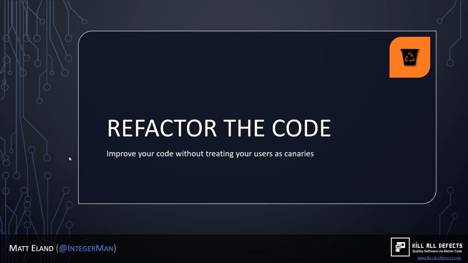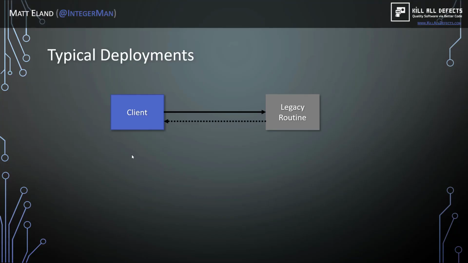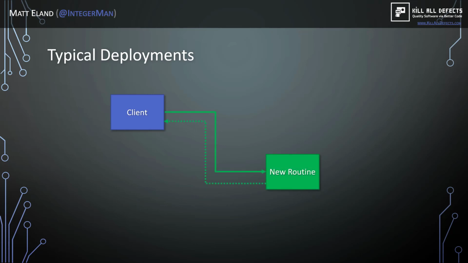All right, so how do we refactor our code and do it safely? So not just about test code now, assuming that we're making changes to our code, that we're trying to clean up this big old ball of mud that we have, how do we do it safely without bringing down production? So typically when you're retiring a legacy piece of code, you do a deployment. So I'm going to get rid of my legacy routine and I'm going to introduce a new routine. Okay? Well, great.